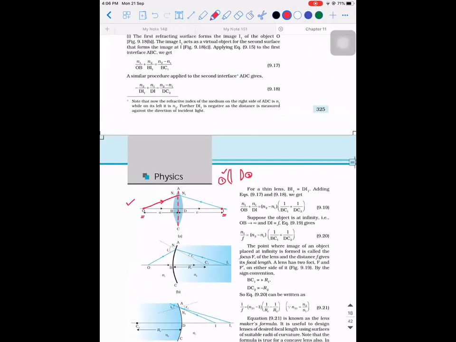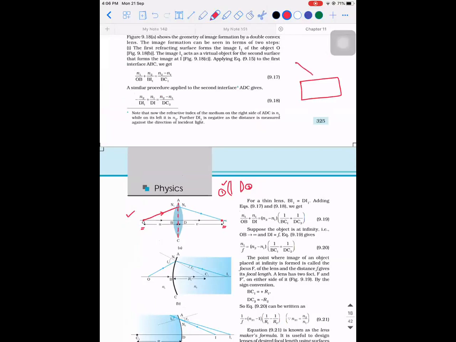It is similar to the glass slab. When you have an incident ray on the glass slab, then what will happen? It will undergo refraction once. Then this refracted ray within the glass slab will behave like the incident ray for the next refracting surface. Then it will undergo refraction again. So incident ray, refracted ray, and emergent ray.